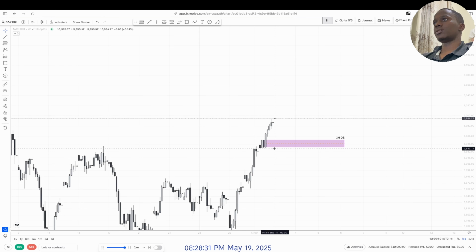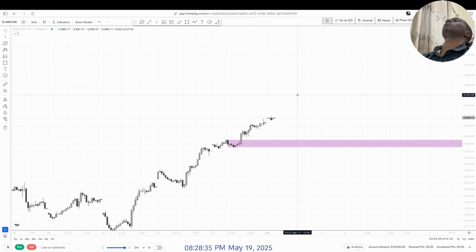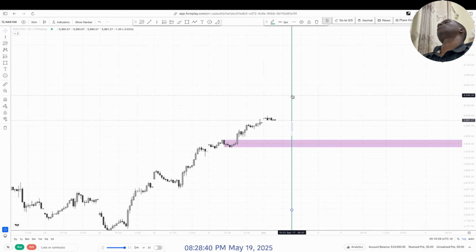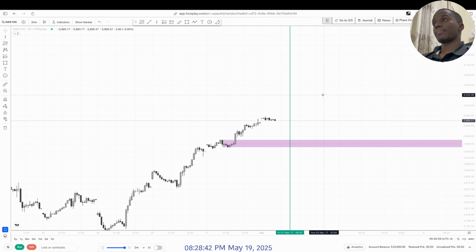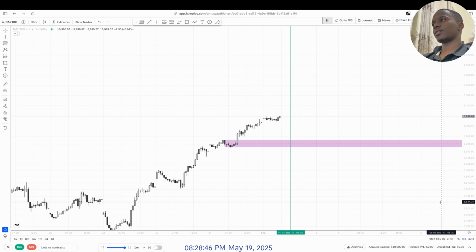What time is it? It's still 2, so I want to start to get involved in the market by 9:30. I'm expecting a small retracement, and then maybe we can start to push higher.